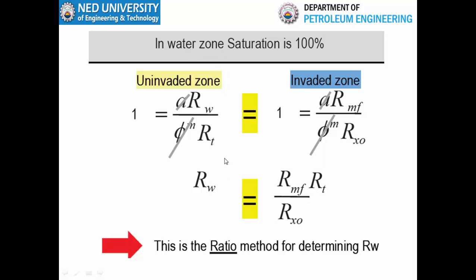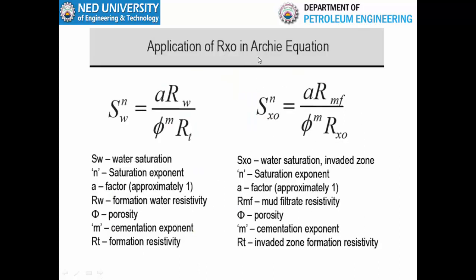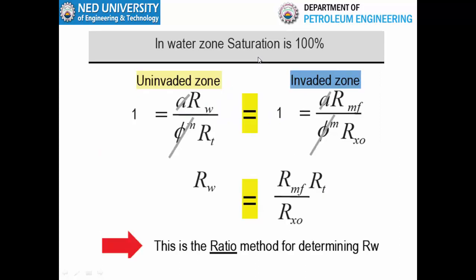So first you need to identify the water zone through the resistivity log, and once you have identified the water zone, you can use Rxo and Rt to calculate Rw, and this is called the resistivity ratio method. So basically through the resistivity ratio method we calculate Rw. So this is an application of Rxo to basically calculate Rw, and we will see that Rw will ultimately be used to calculate Sw.